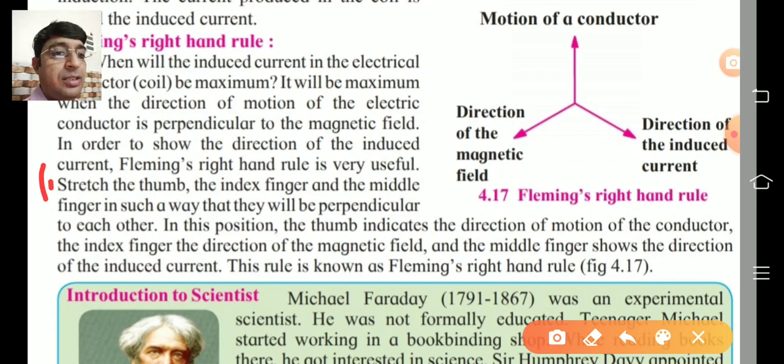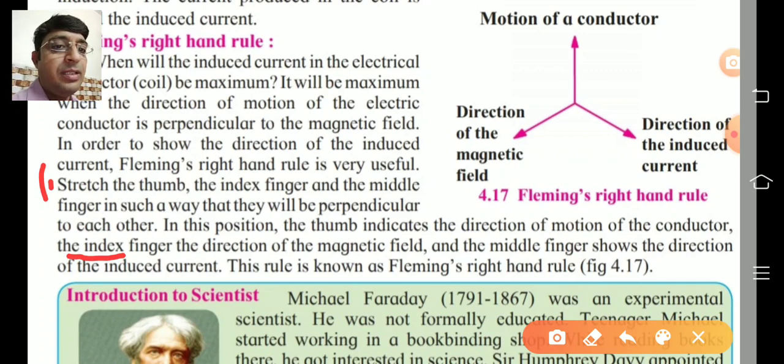Always when you start Fleming's left or right hand rule, your first finger is the forefinger. So we change the sequence of fingers. First of all, you write down this. In this position, directly you write the index finger.